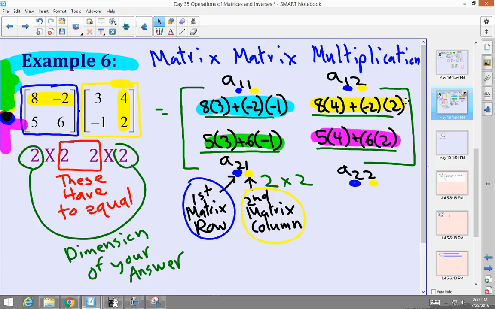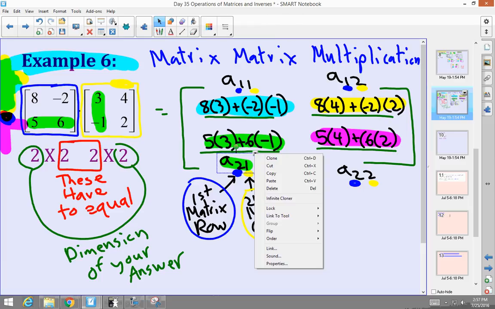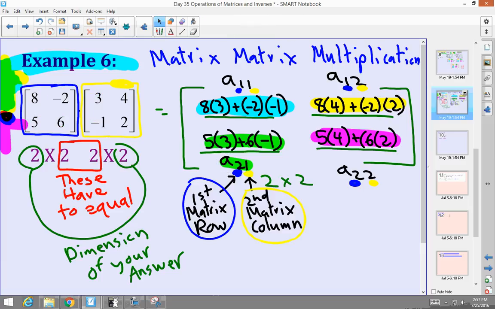Then, if I organize for the green element, it's going to be row 2, column 1, and that's going to produce A21. And then the last one, the purple guy, is kind of the end and the end. The last row and the last column gets you the last element.